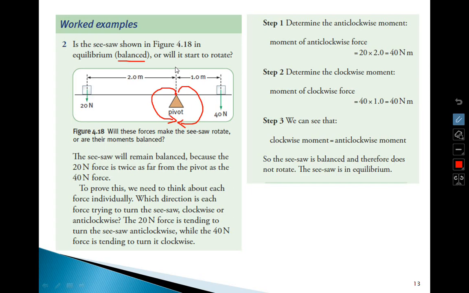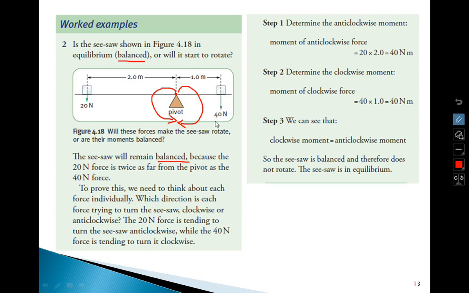So we will work this one individually. We will find the clockwise moment first, and then the anti-clockwise one, and then compare the quantity of each one. This seesaw will remain balanced, but we need to prove that.